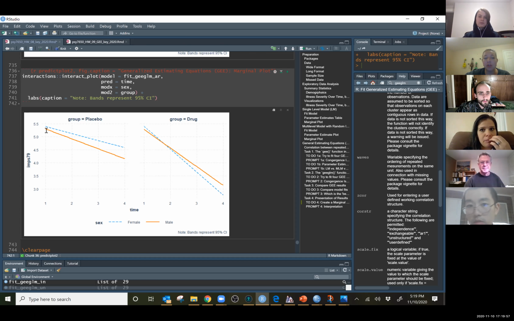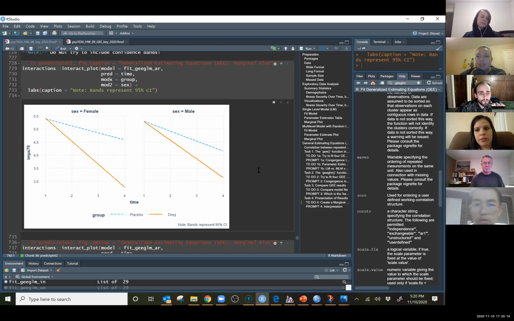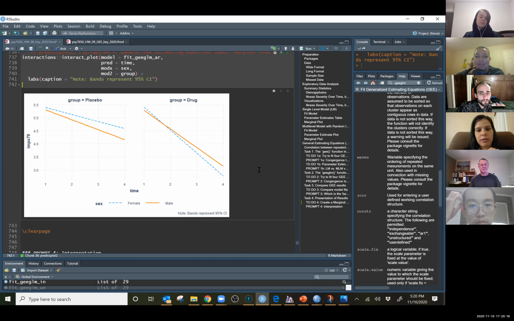So even on placebo, the men are doing better than the women. Exactly. And so when you give them the drug, the women catch up and surpass the males. Right. Which is why the coefficient's no longer significant if you don't consider the group changes. So anyway, that's a thing that helped me understand, I think.